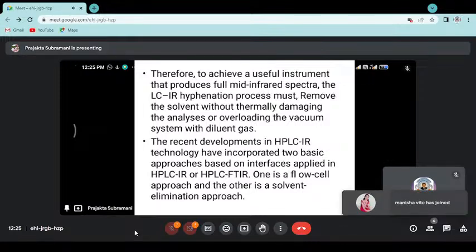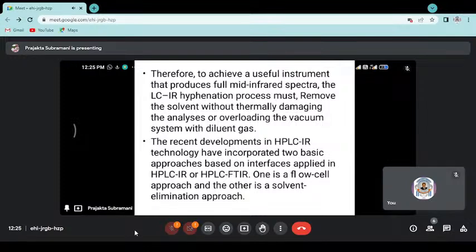So we can remove the solvent without damaging the analytes. And then technology has incorporated two basic approaches based on interfaces applied in HPLC IR or HPLC FTIR. One is approach.